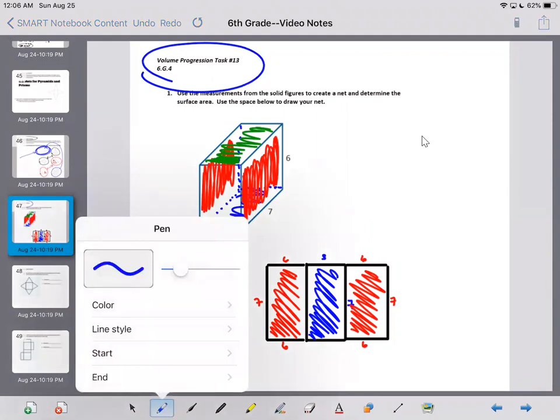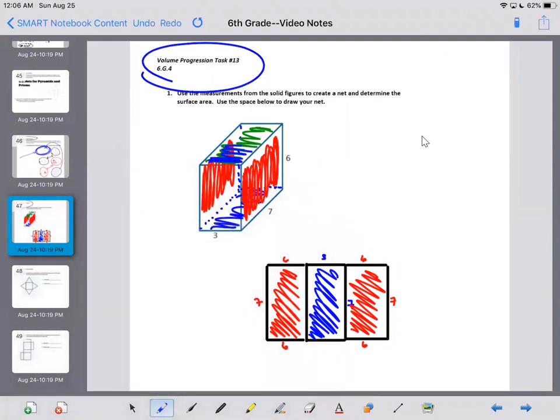And so you would see that the blue on the top should mirror the one on the bottom. So what I'm going to do is come over here to the side, and there's my 3 by 7. So there's 4 of my pieces.